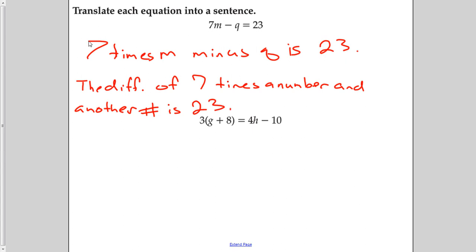So the difference of 7 times a number and another number is 23.